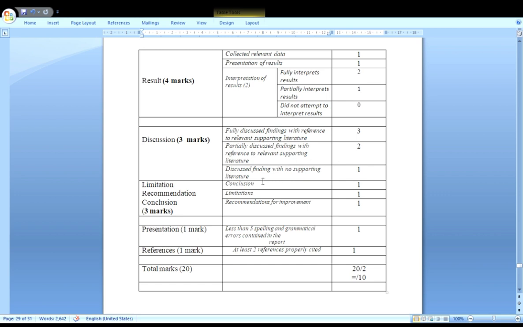And if you discuss findings with no supporting literature, you will get 1. So that is saying, if you just speak about or write about or discuss the findings you get from your experiment only, then you would only attract 1 mark. So the main difference is if you compare your information with other references from the internet or books, etc. Let's go back over to the SBA to see what we have.